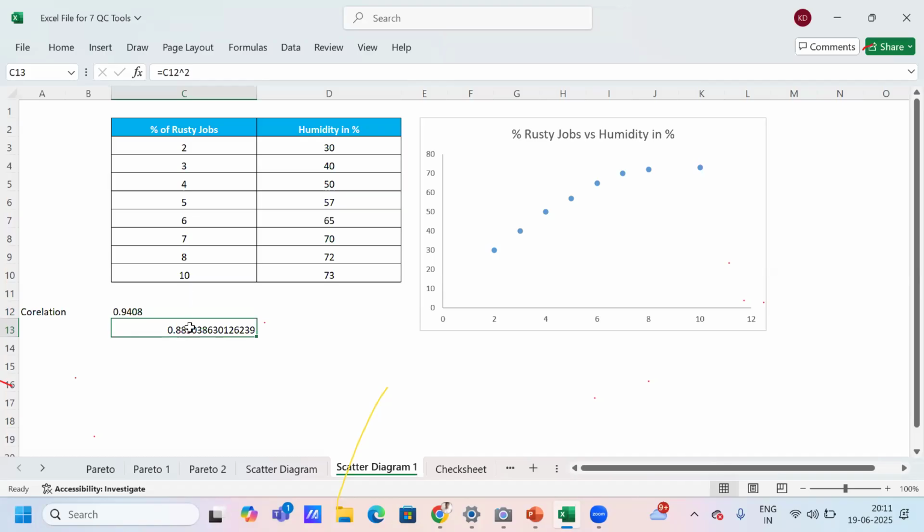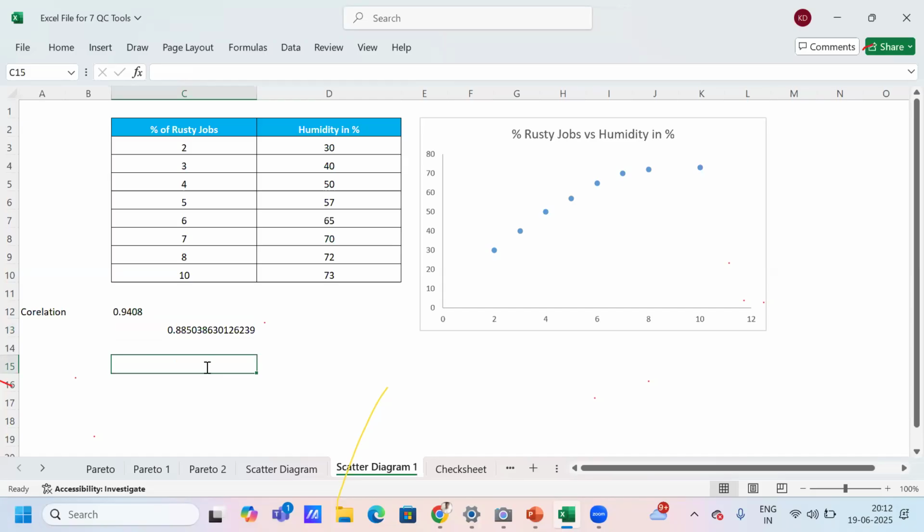It means 88% of the percentage of rust is because of humidity. I'm not saying 100% of the rust is because of humidity, but 88% of rusty jobs is related to humidity. Clear? So I can predict that 88% of the reason for the increased rust is the increase in humidity.